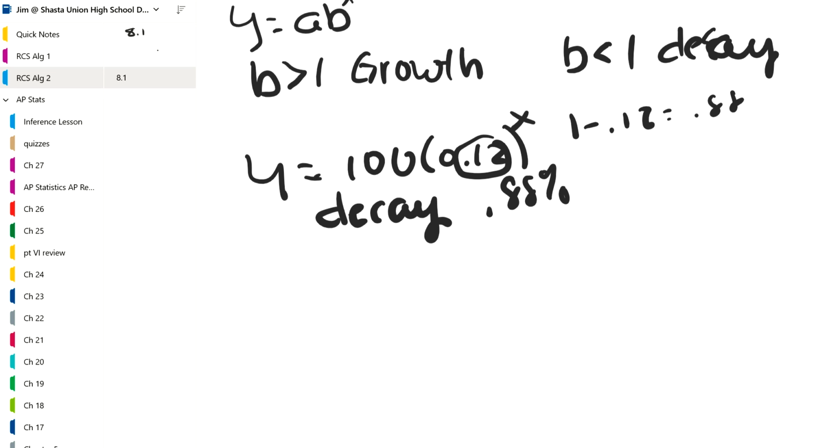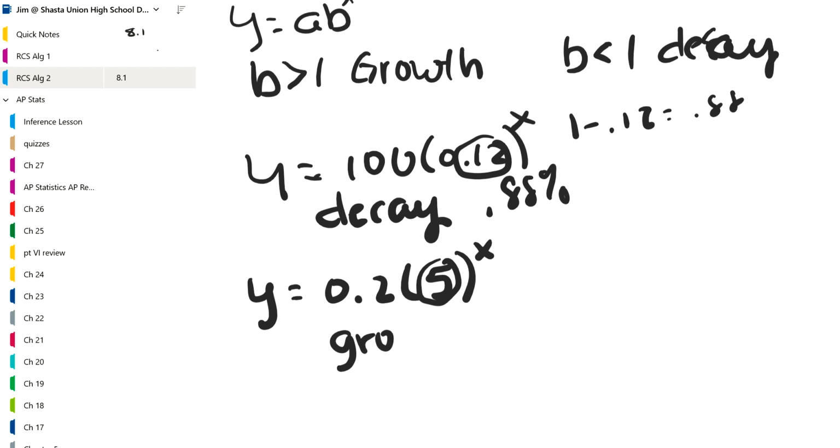Okay, so let me give you another one. y equals 0.25 times 5 to the x power. Growth or decay? Because 5 is greater than 1, we have a growth, and we have a growth of 400%. How I got that is 5 minus 1 is 400%.